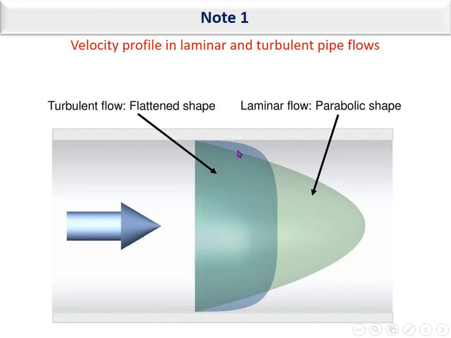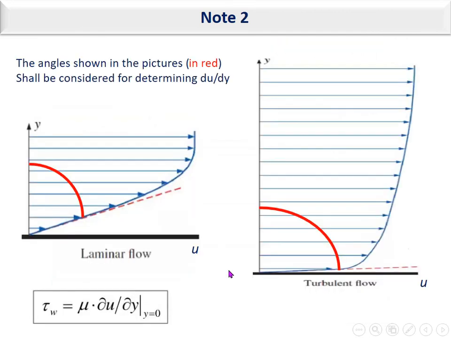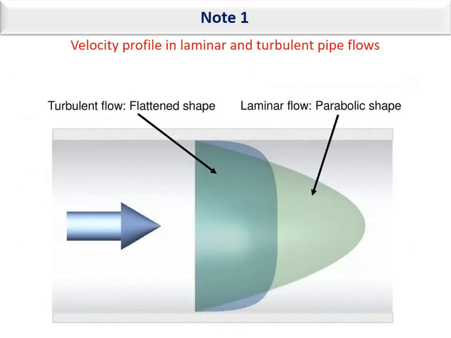Can you see? Again, I ask the same question. In which one is the wall shear stress, referring to the Newton equation, larger? Think about that, and if you still have a problem answering the question, refer to the previous slide, and this is very important, I think.